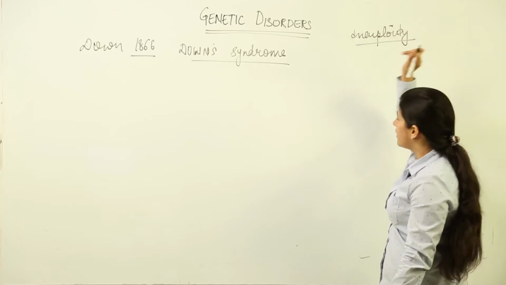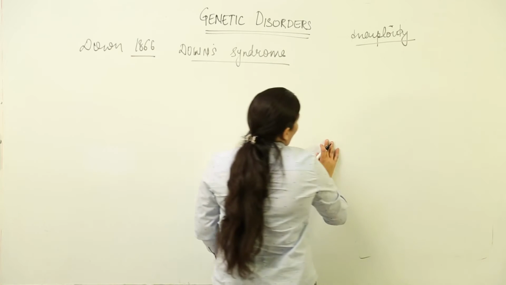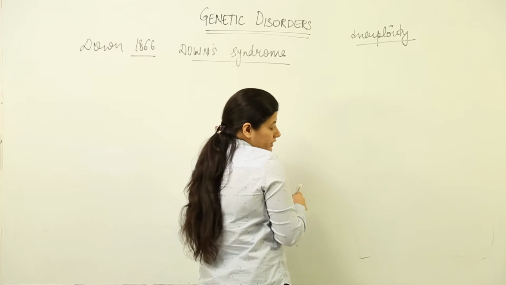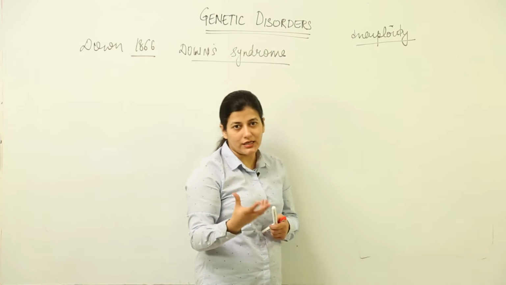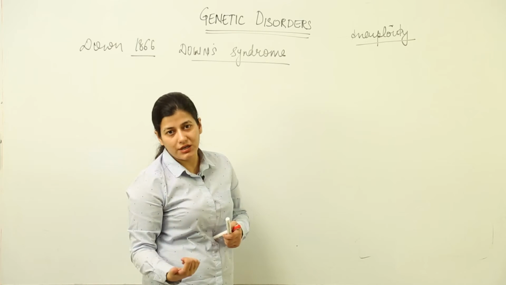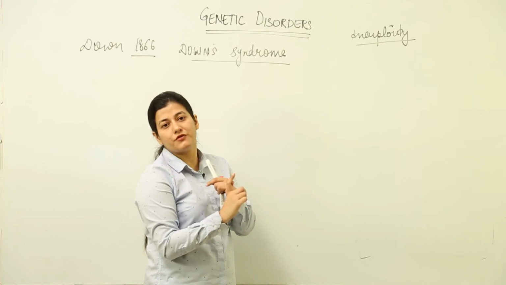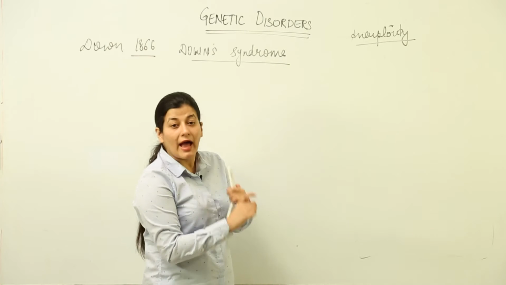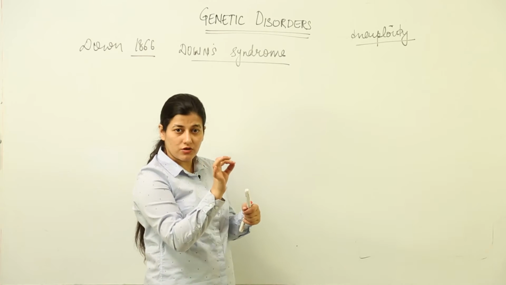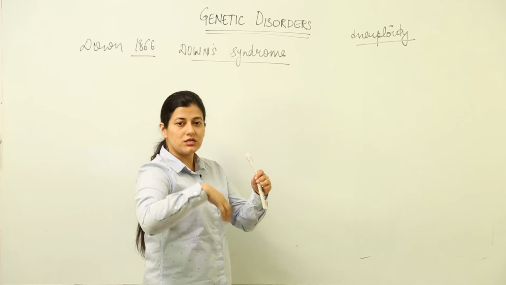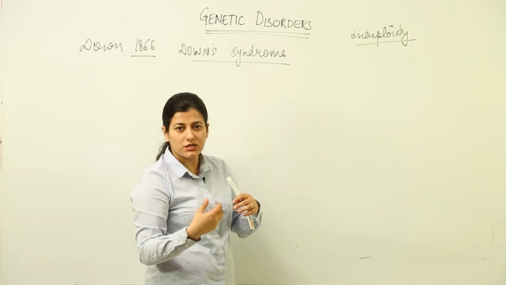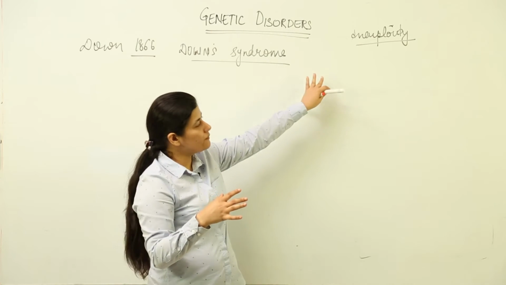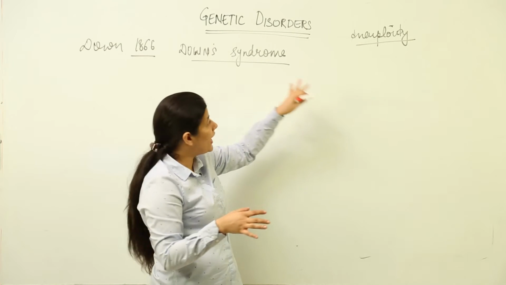What is aneuploidy? Aneuploidy is a condition when the number of chromosomes either increases or decreases. It is totally different from chromosomal aberration. Aberration is when one of the sister chromatids is broken, inversed, or translocated.